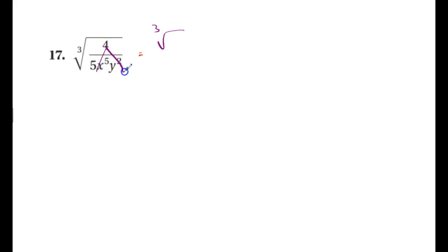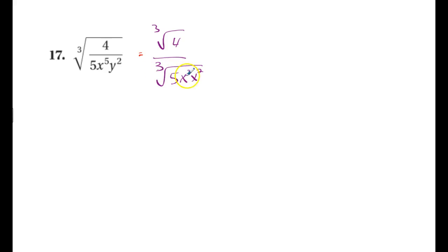So I'm looking to see if I could simplify anything, and I just can't. So I'll leave this. I can't reduce anything. So this is the cube root of 4 over the cube root of 5x to the, now I could break it down to cube, but then I'm breaking my rule. So I really don't want to break this down to be x cubed and x squared.